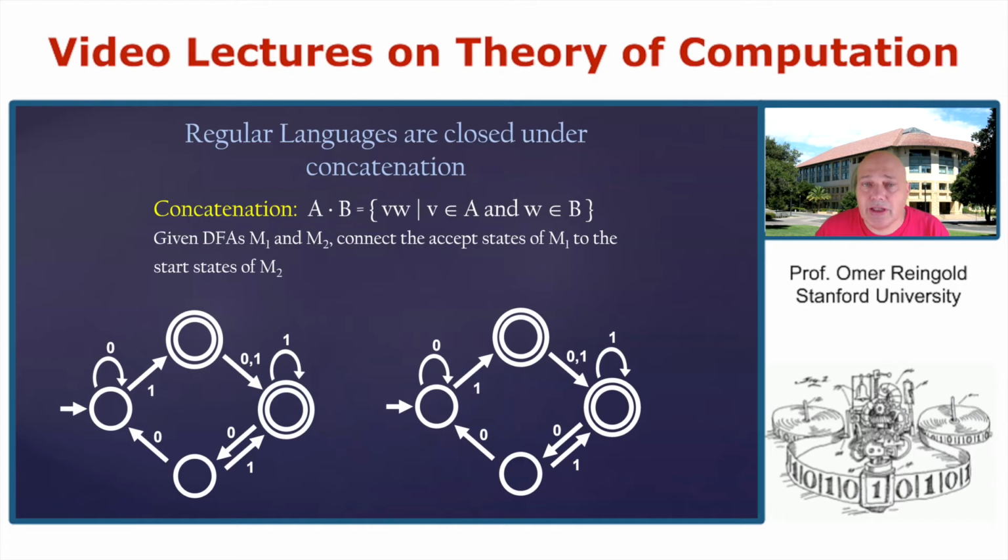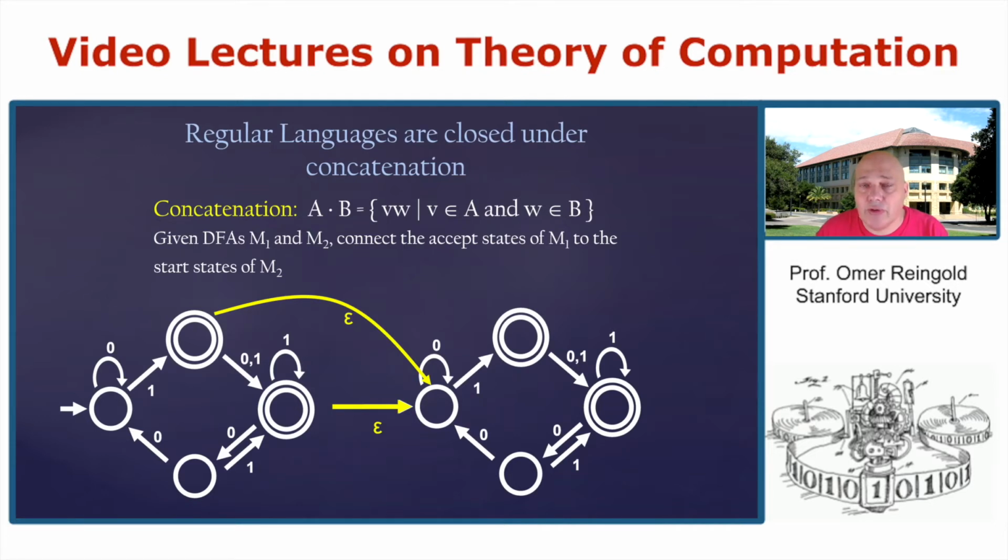So what we said, we're going to connect accept states from the first one to the start state in the second one. How do we connect them? We connect them with epsilon transitions, and that's something that you can take.